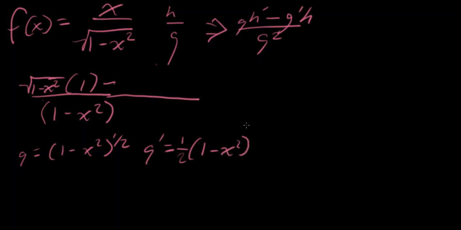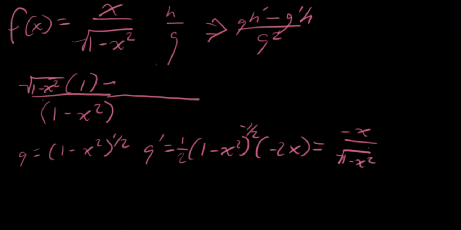The inside stays unchanged, and then we subtract 1 from the power, giving us negative 1/2. But now we've also got to take, due to the chain rule, the derivative of the inside. What's the derivative of 1 minus x squared? That's negative 2x. So if we simplify this, the derivative of just g is going to give us this negative x over root 1 minus x squared.